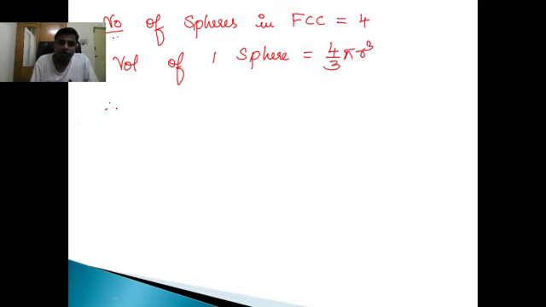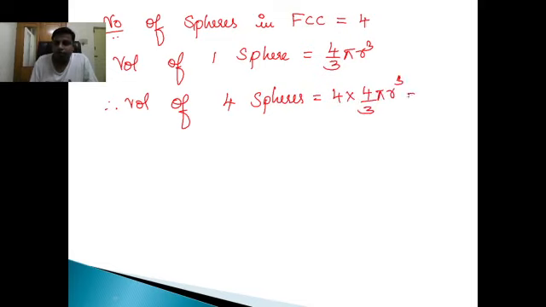Therefore the volume of 4 spheres is equal to how much? 4 into 4 by 3 pi r cube, that is nothing but 16 by 3 pi r cube. Okay, now let us apply the formula for packing efficiency. What is the formula for packing efficiency?